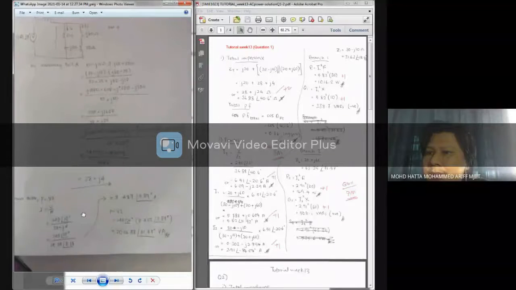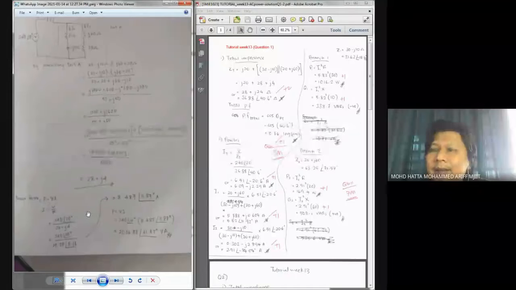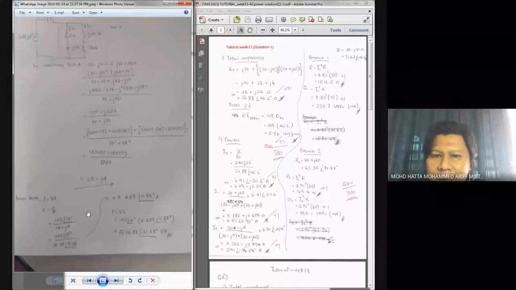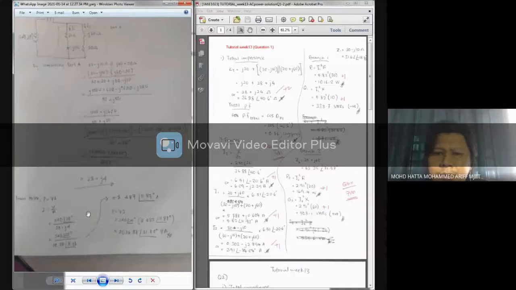Okay, don't worry, but please remember that in your solution, please give as much information as possible to the examiner so that you can gain marks from there. If you just leave it like that and just put all the numbers, I don't know what is the meaning of this number.